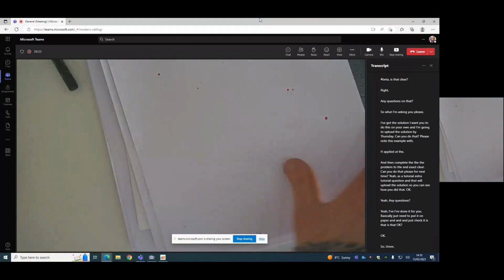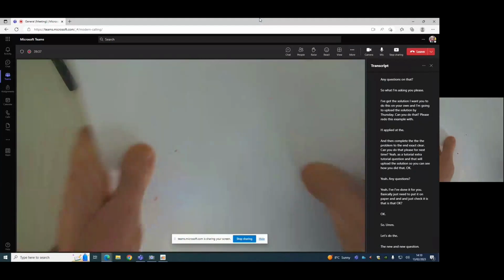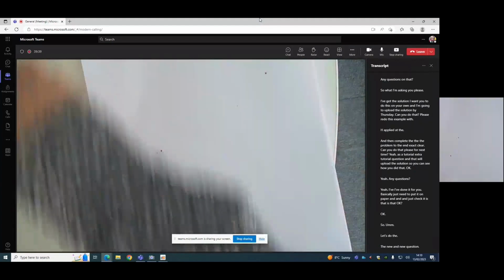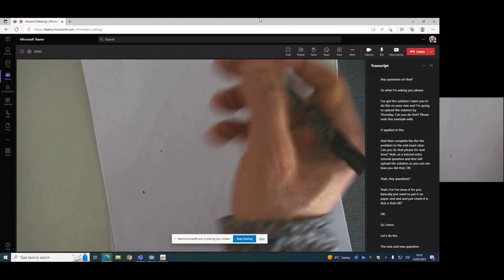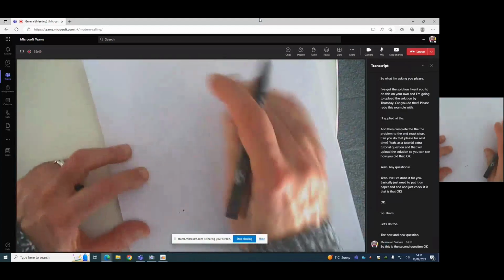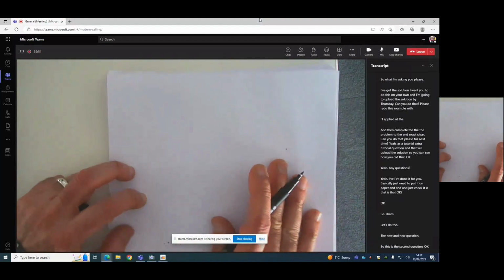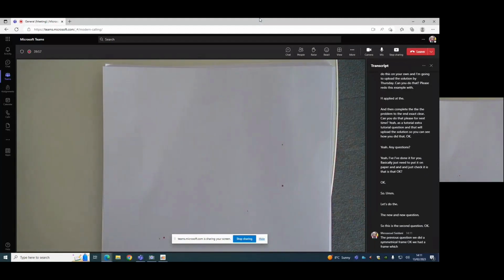So let's do the new question. This is the second question. The previous question, we did a symmetrical frame, where the geometry was symmetrical.